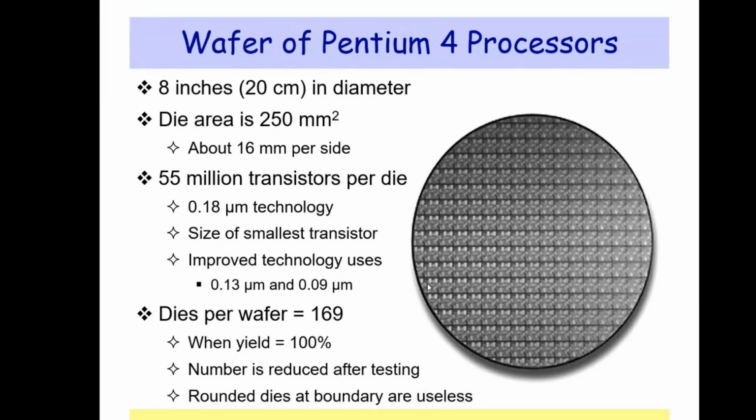This is Intel's Pentium 4 processor, and you see that it is 8 inches, 20 centimeters in diameter, and the die area is 250 square. Generally your dies will be measured in terms of square millimeters. 250 square millimeters, about 16 per side.